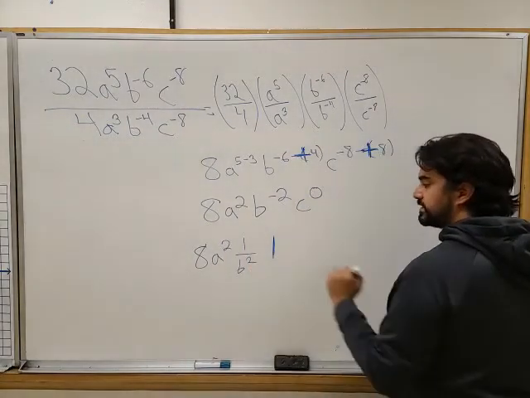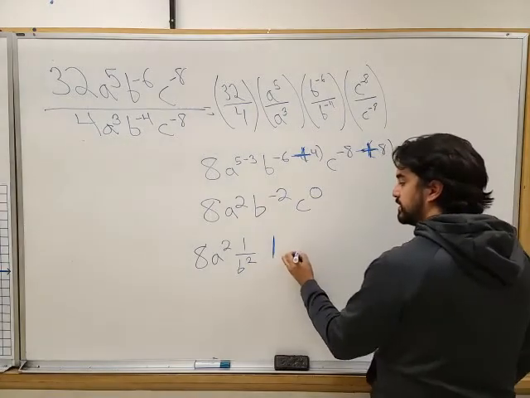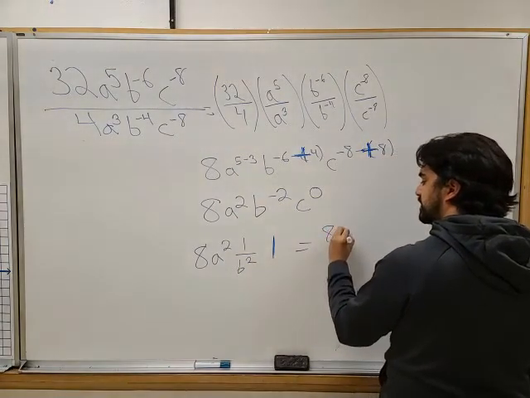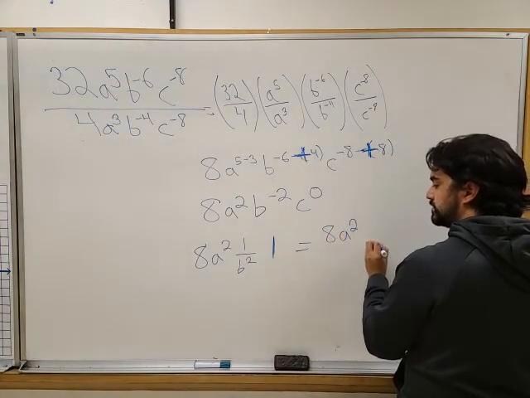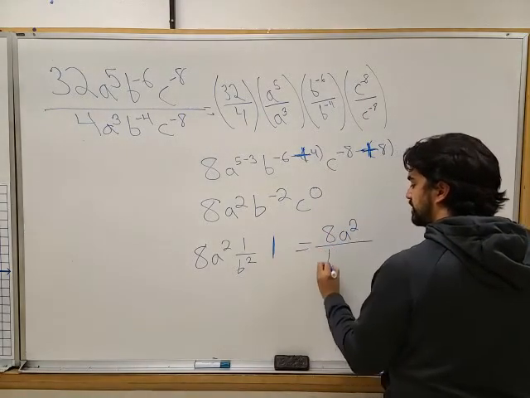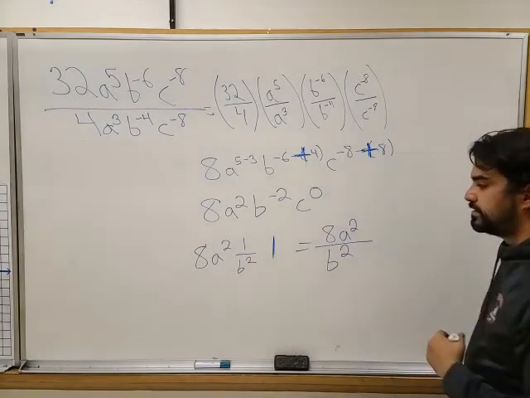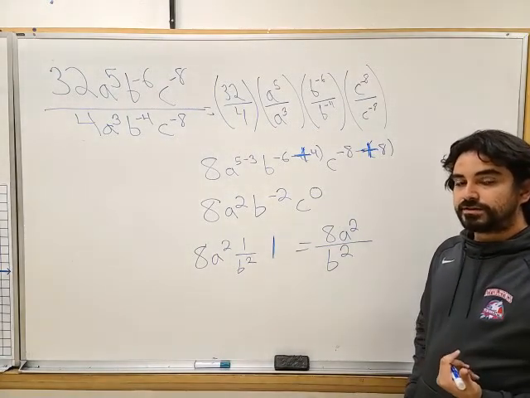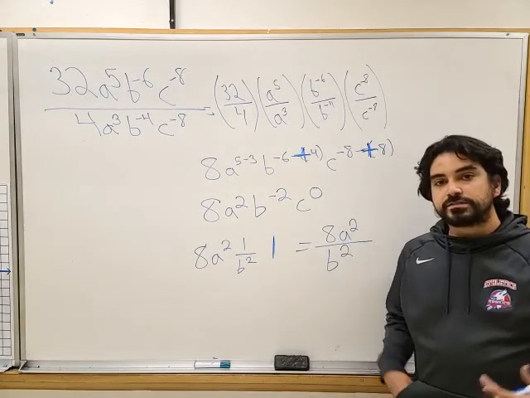Now let's simplify this monomial. This is equal to 8 a to the power of 2 over b squared. And this is how you use the negative exponent. If you have any questions, please let me know.